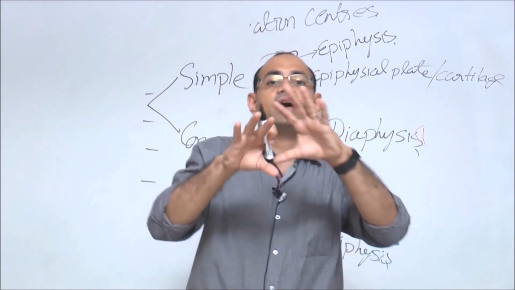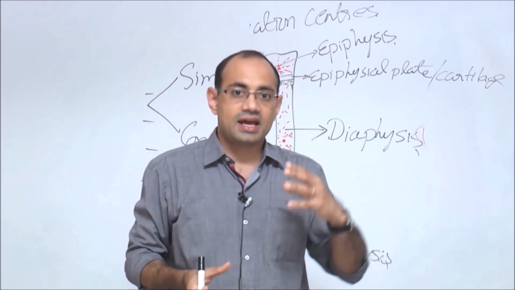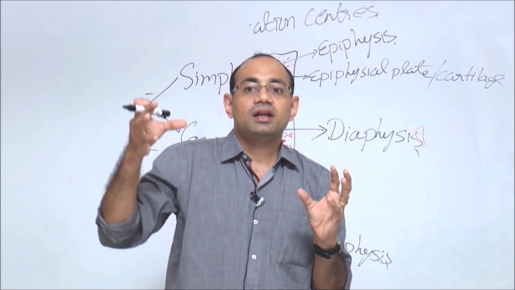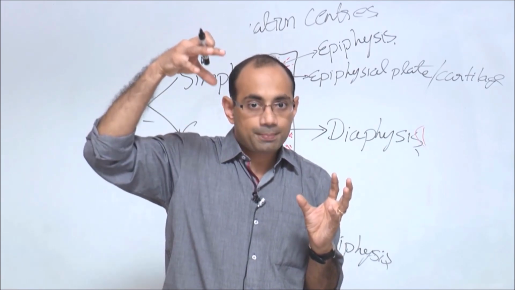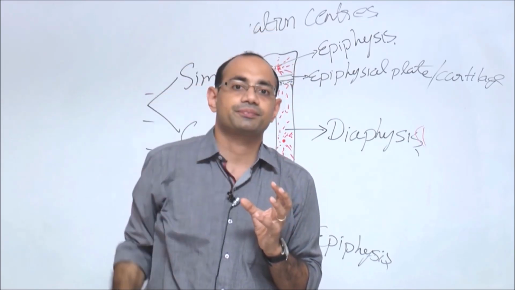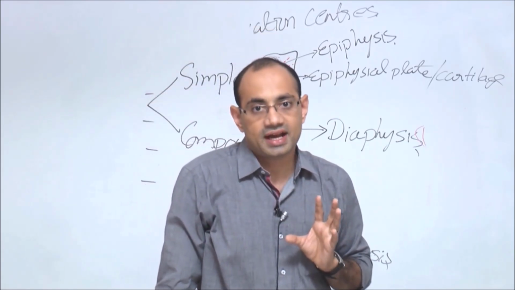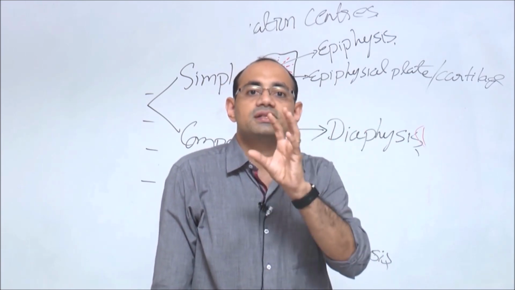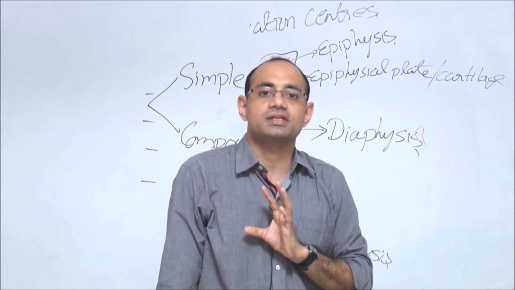If there are multiple epiphyses at one end of a bone, and each epiphysis fuses separately with a separate epiphyseal plate, you call it a simple epiphysis, because each epiphysis has a separate epiphyseal plate.